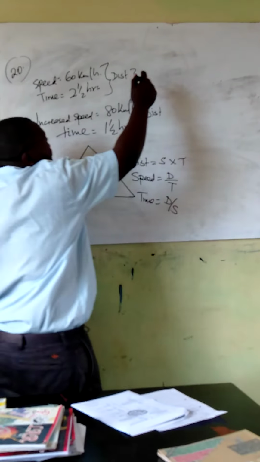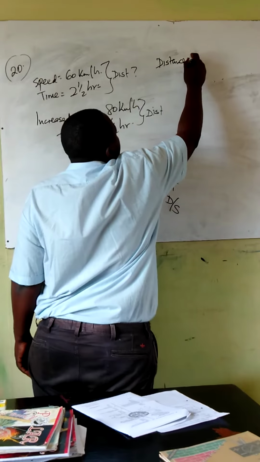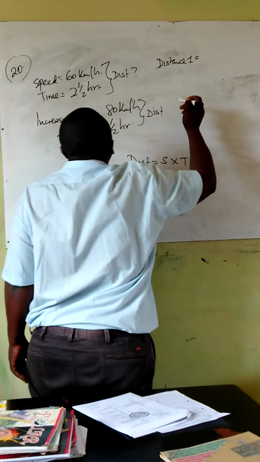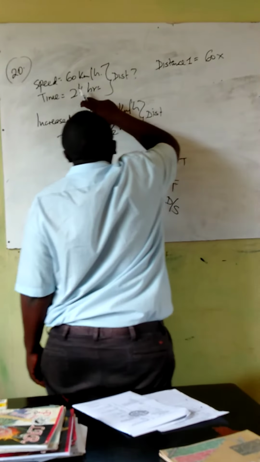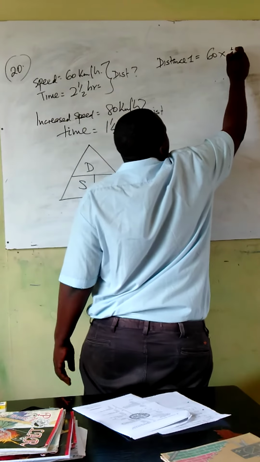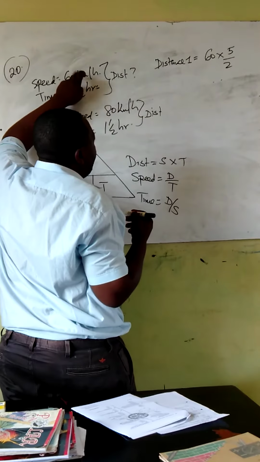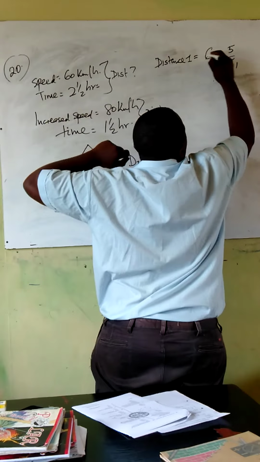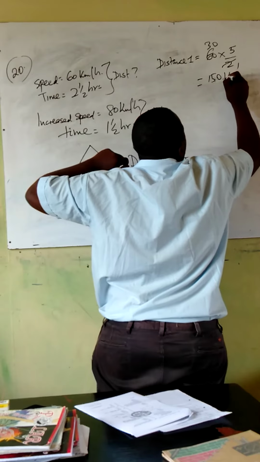So what is the distance here? Distance 1 will be speed times time. Make this into an improper fraction, that will be 5/2, so that our answer will be in kilometers. And this is going to be 150 kilometers.